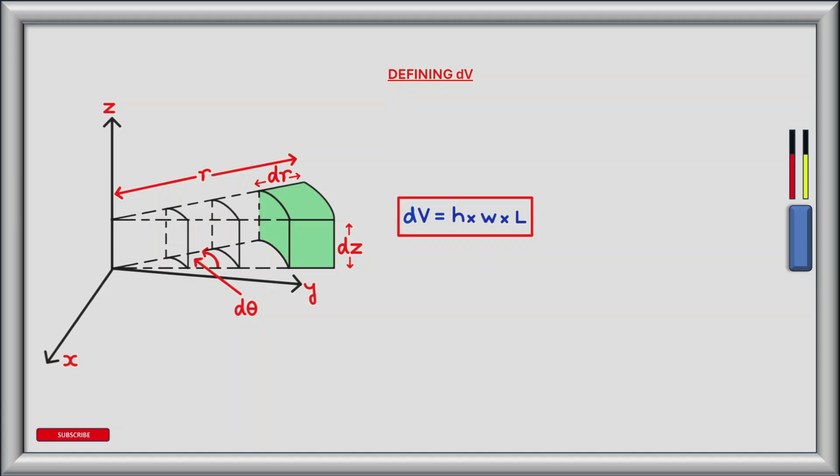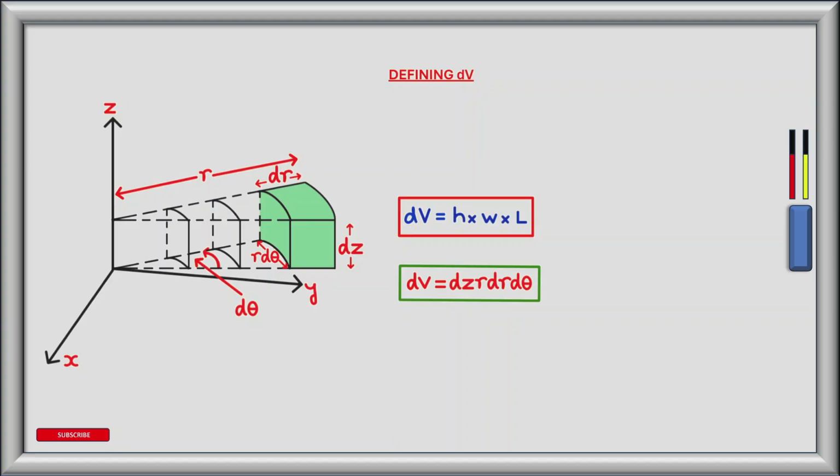In this case, theta is infinitesimally small, represented by d theta. If we now put all these infinitesimally small dimensions together, we see that the volume dV is given by dz r dr d theta, and we sum all these pieces of volume using our triple integrals to get the total volume.